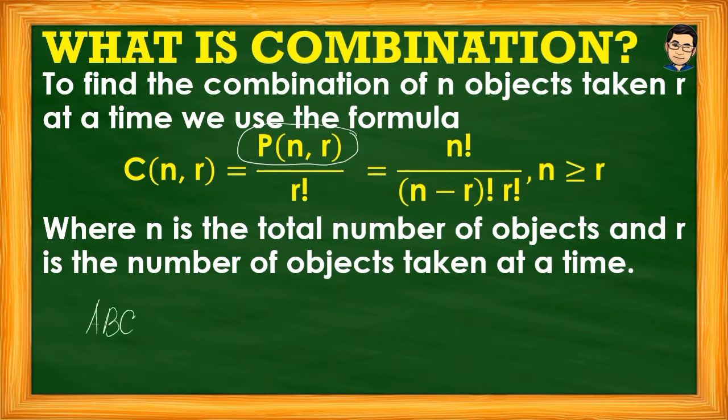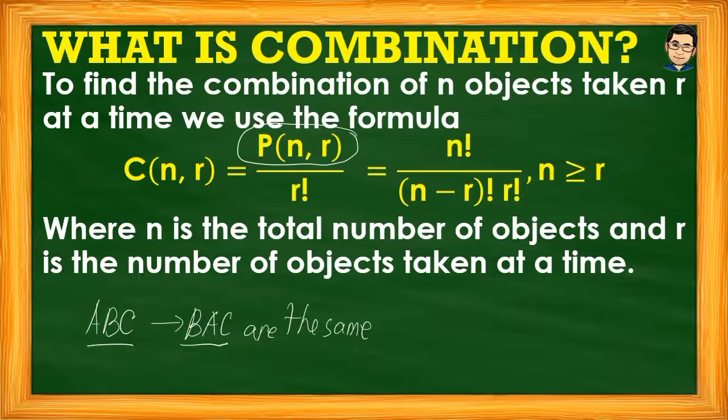So, kung combination ng pag-uusapan po natin, ABC and BAC are the same. Pero, in permutation, ABC and BAC are not the same. Okay, it's because meron po tayong arrangement na sinusundan.